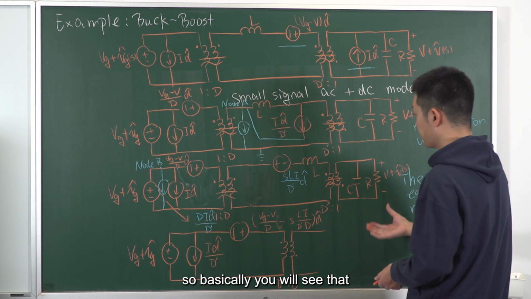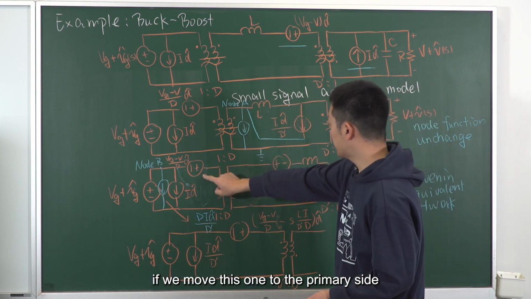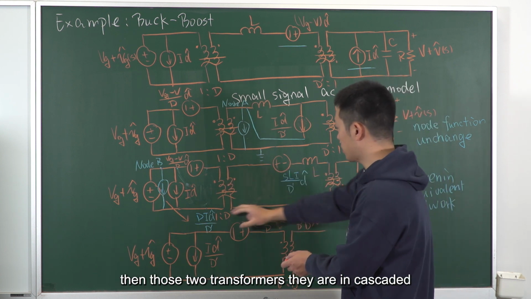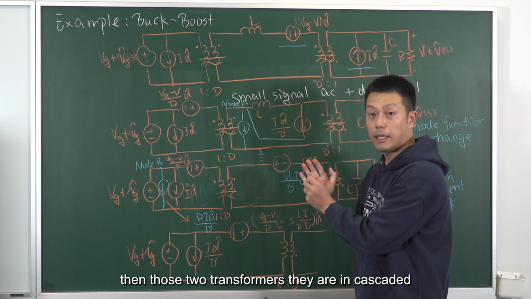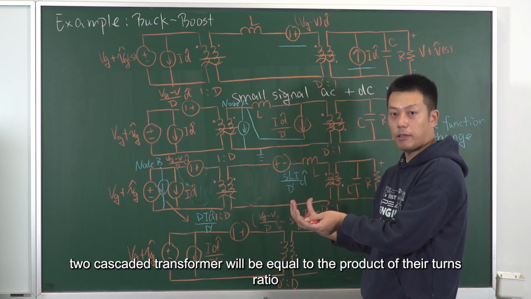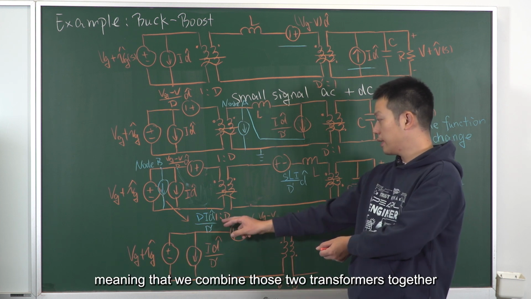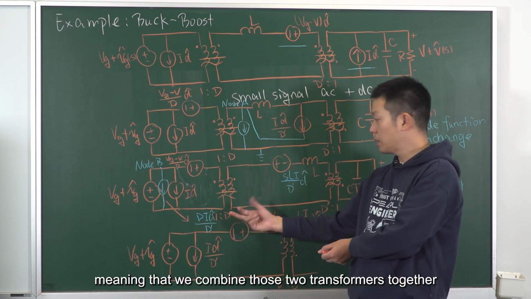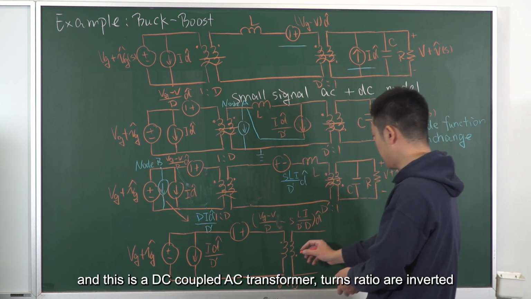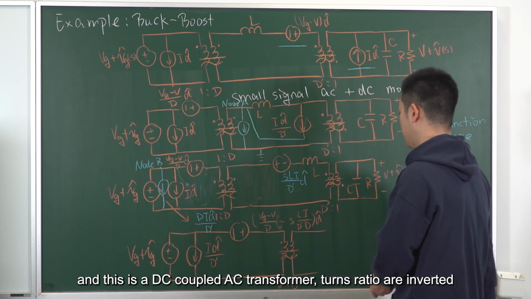So basically, you will see that if we move this one to the primary side and move this one to the secondary side, then those two transformers are cascaded, right? Two cascaded transformers will be equal to the product of their turns ratio. So this will be d prime over d, meaning that we combine those two transformers together, right? And this is a DC coupled AC transformer.